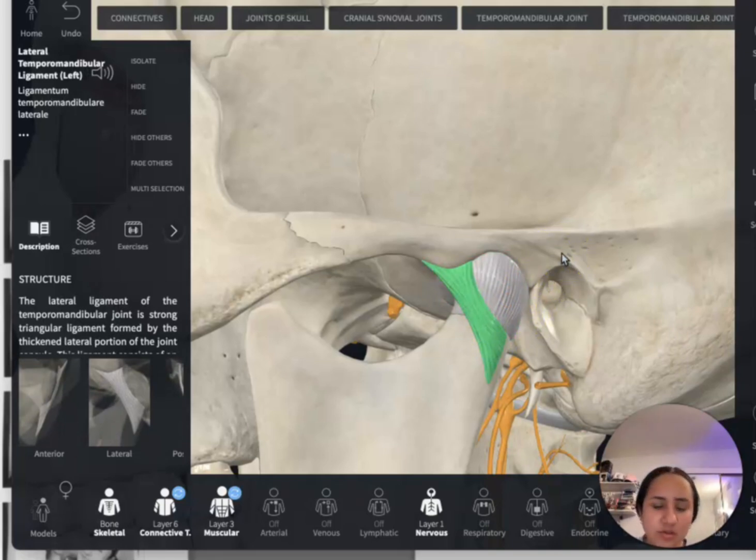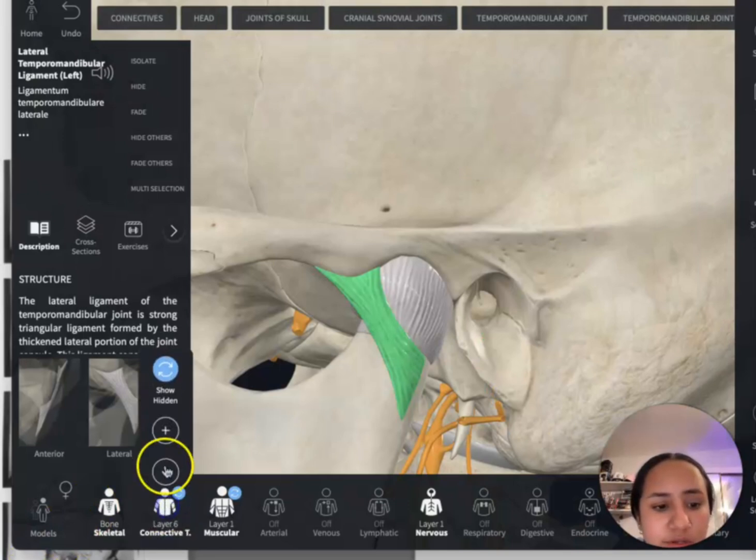This ligament supports the capsule laterally, and it helps prevent the posterior inferior displacement of the jaw. Other ligaments that support this are the sphenomandibular ligament, which is just a supportive ligament, and the stylomandibular ligament. This ligament helps limit excessive protrusion, so when we go like that, it helps us not go too far out to where our jaw gets displaced.